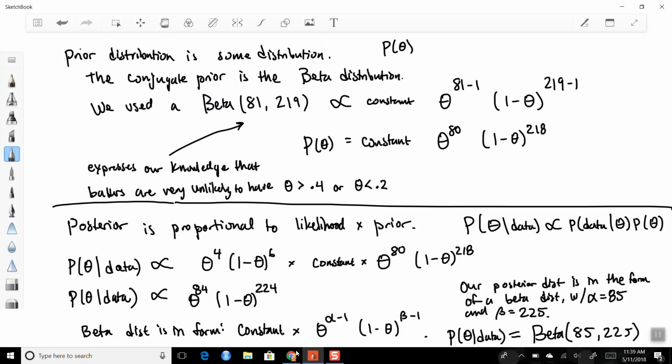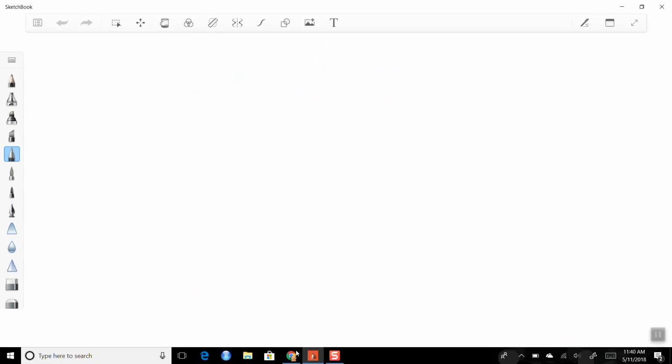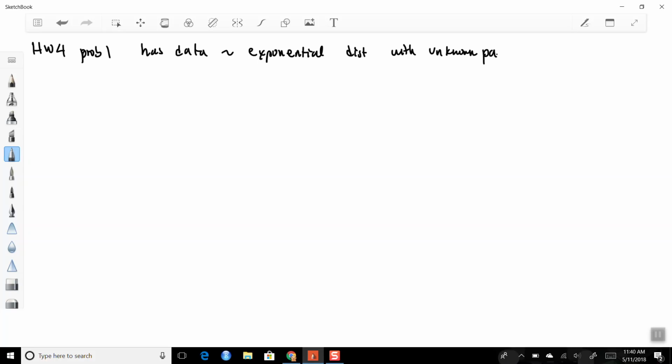So maybe I'll help us work through homework problem 1, and this will give us some sense here. Problem 1 is not this problem, but has data coming from an exponential distribution with unknown parameter lambda.